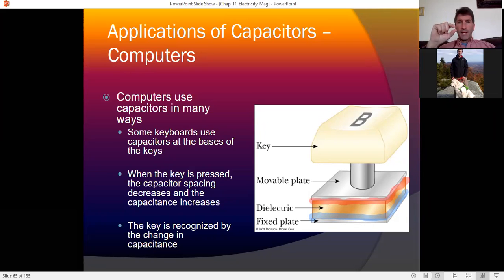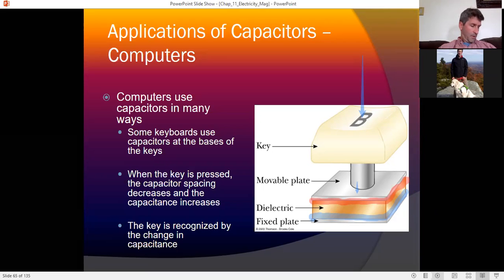The closer you make the plates, the more charge that's going to rush in onto that thing, because positive charges like to be next to negative charges. So here, if I push down on the key, I compress this little dielectric, this little capacitor, and all of a sudden, by compressing it, it's kind of like the opposite of a sponge. You compress it, it actually draws more charge on it.